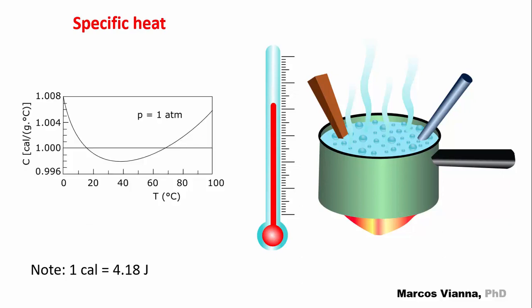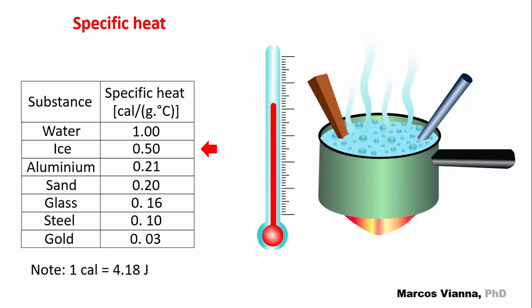In this graph, we can see the water-specific heat variation with temperature from 0 to 100 degrees Celsius. Also, ice has a high specific heat. For this reason, liquid water and ice play together an important role in the thermal equilibrium of planet Earth.